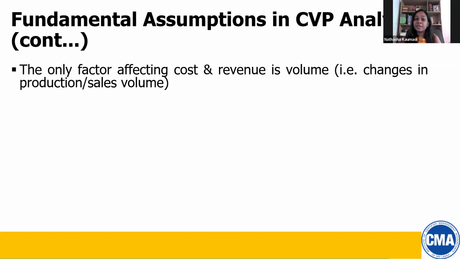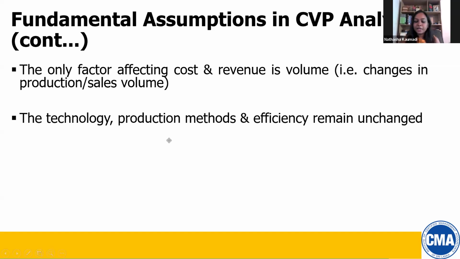If the prices of the materials are also not changing, volume would be the factor affecting cost. So this assumption is valid in the short run. That's why we are using this assumption for CVP analysis. So always remember we are talking about a short run. Very small, very short period, a 12 months period. Next one.